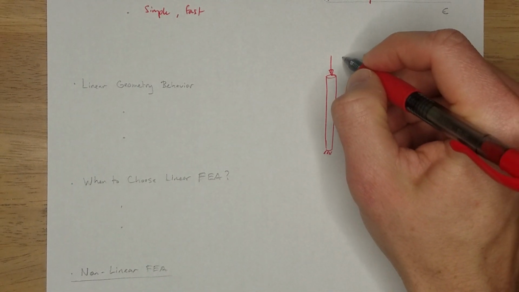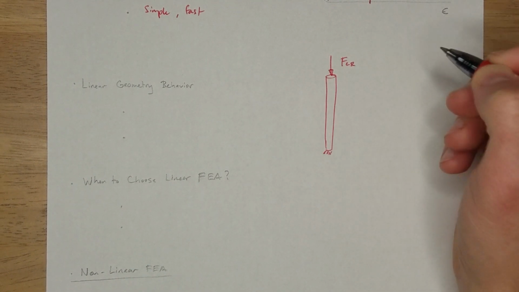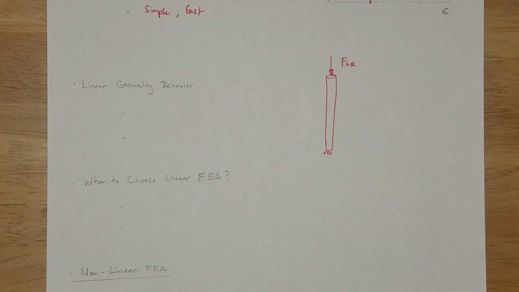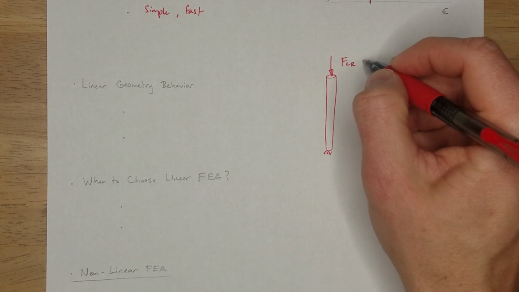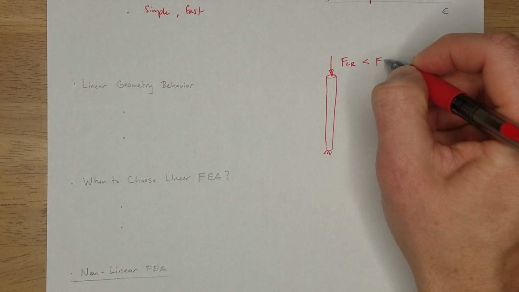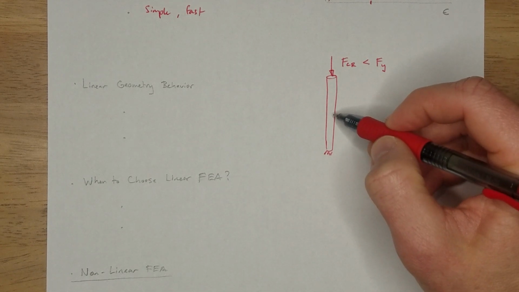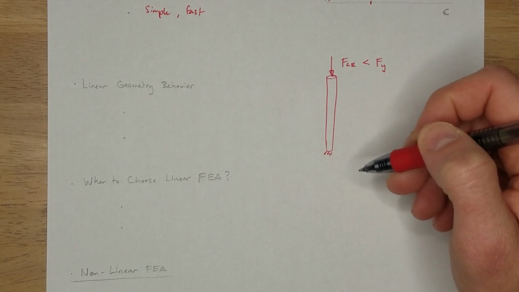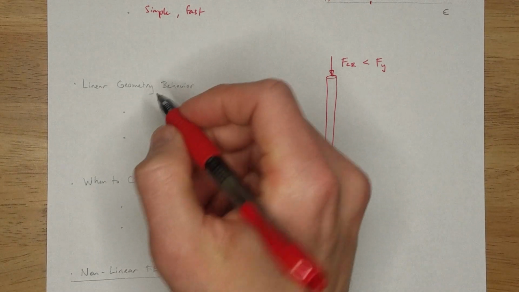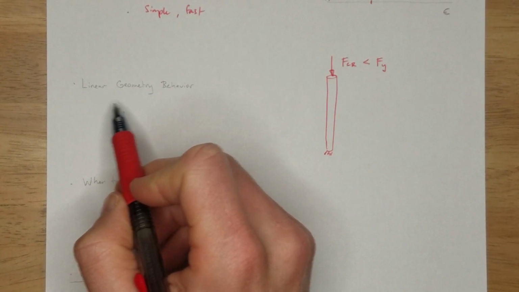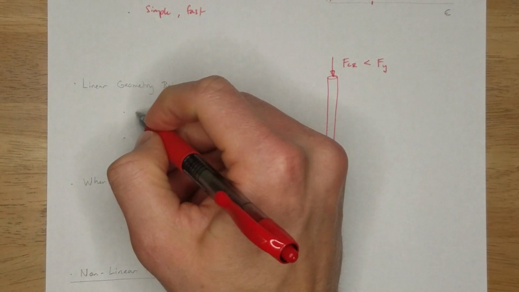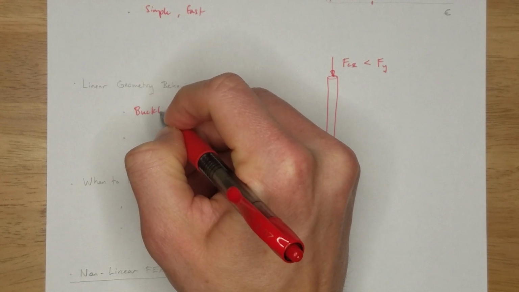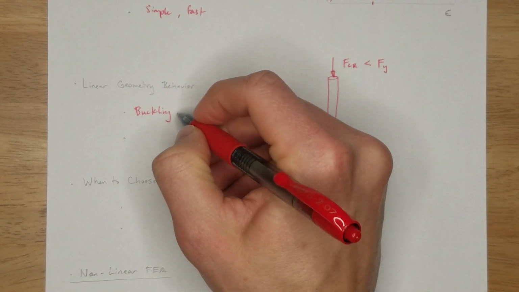There's a load that I can apply. It's going to be my critical buckling load. It's going to cause this column to buckle. And it is going to be less than the force that's required to yield this bar axially. So linear FEA assumes, nope, we don't have any buckling. Buckling's not predicted. It's just going to keep on deforming.